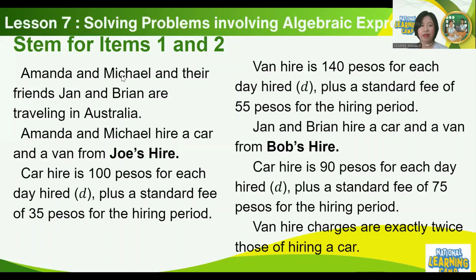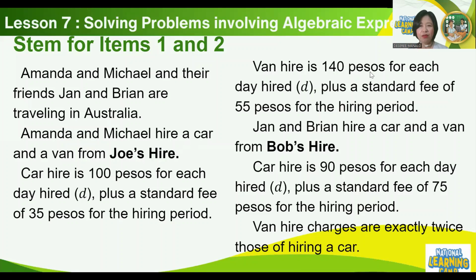And for items 1 and 2. Amanda and Michael and their friends John and Brian are traveling in Australia. Amanda and Michael hired a car and a van from Joe's Hire. Car hire is 100 pesos for each day hired, represented by D, plus a standard fee of 35 pesos for the hiring period.